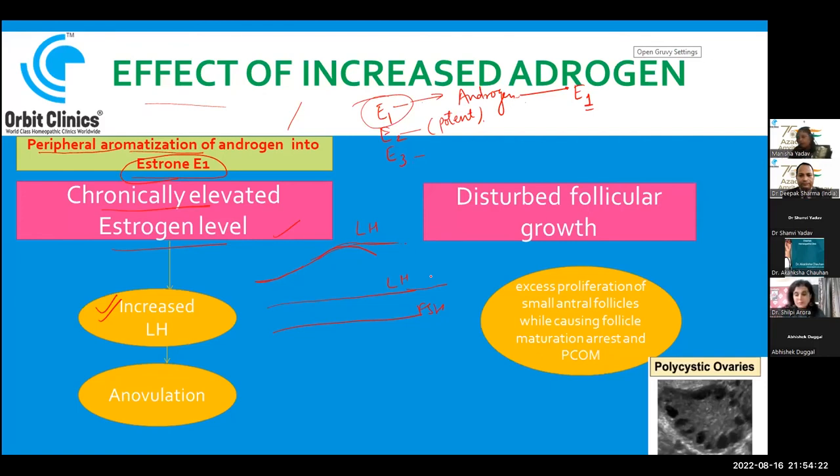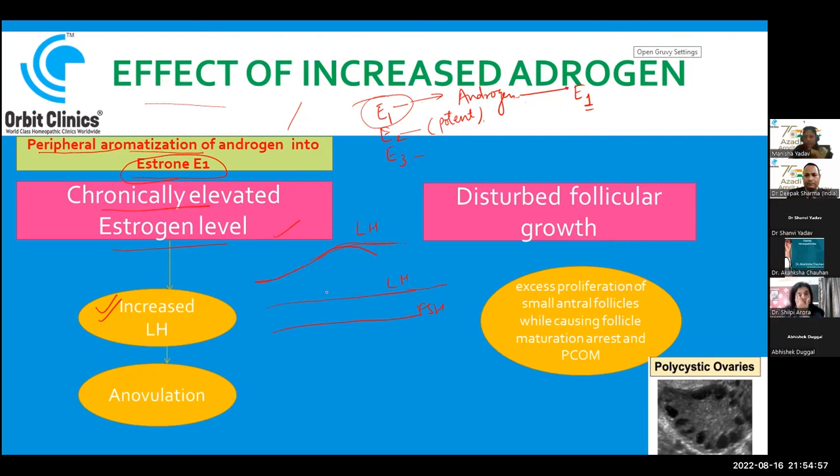So what will happen for ovulation? What we require is an LH surge. LH surge means there must be a peak or higher level of LH required suddenly, which will lead to ovulation. But what is happening is there is a constant elevation, not a surge. Surging means earlier it was lower and suddenly there is an increased LH level. If that condition occurs, then only the LH surge will lead to ovulation.